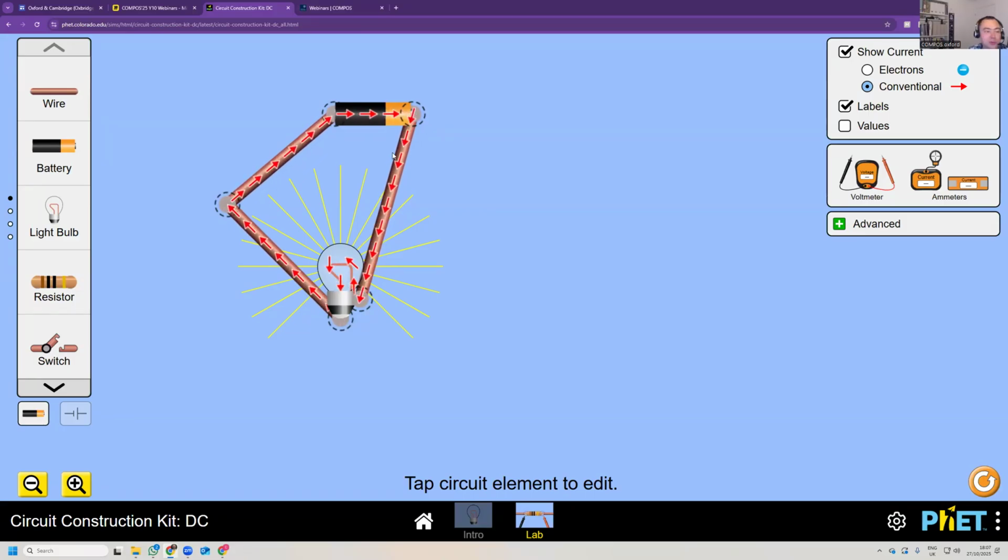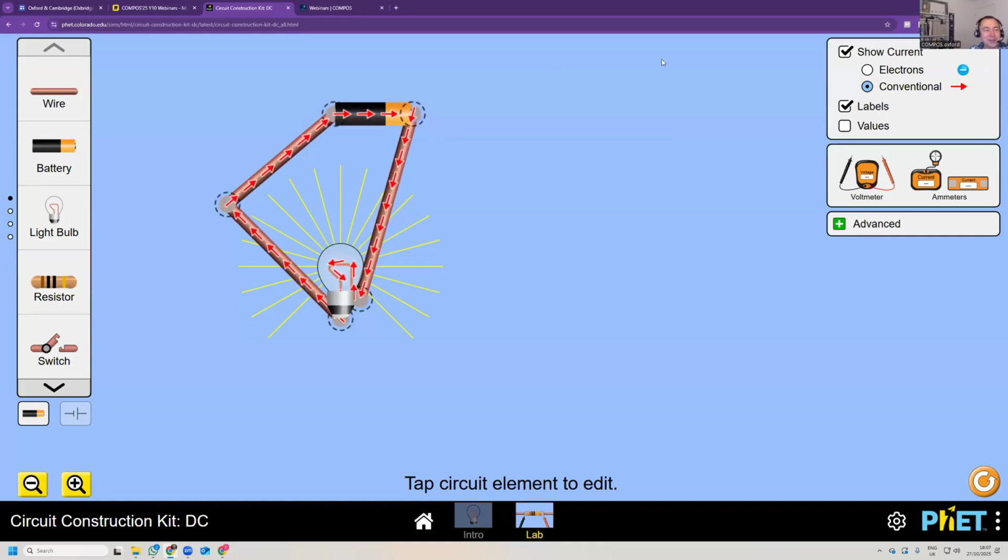So they just assumed that electricity was a positively charged fluid that flows from the battery through the wires. Because, well, you can't see electrons. You still can't see electrons. You can just deduce their presence.